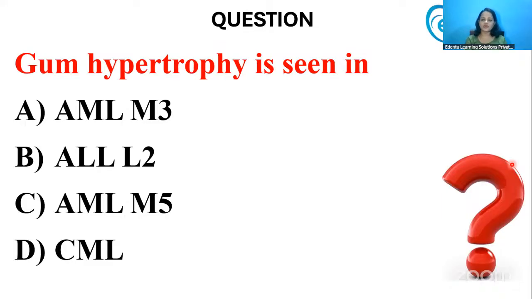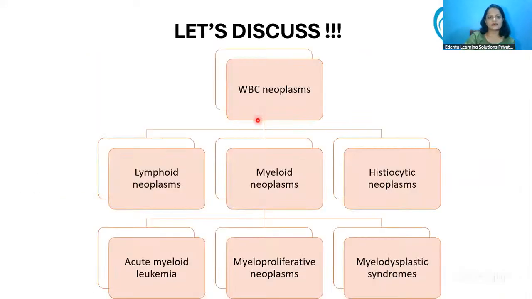Gum hypertrophy is seen in which type of leukemia? For that, let's have a look at the WBC, or white blood cell, neoplasms. They are divided into three types.